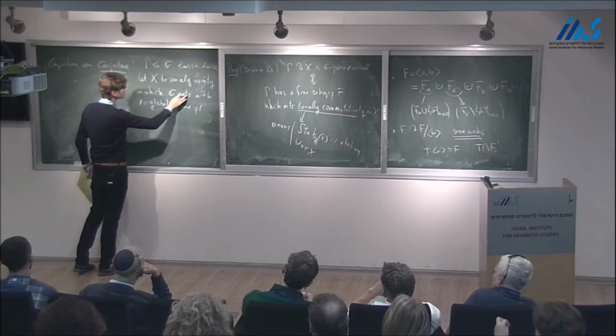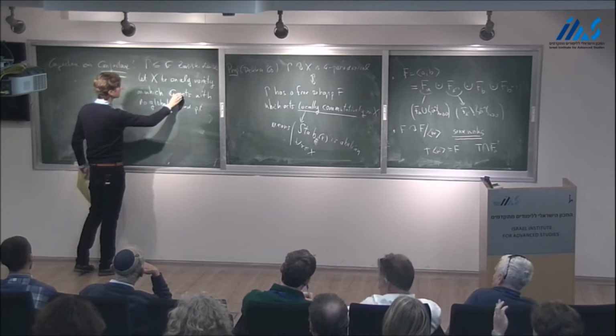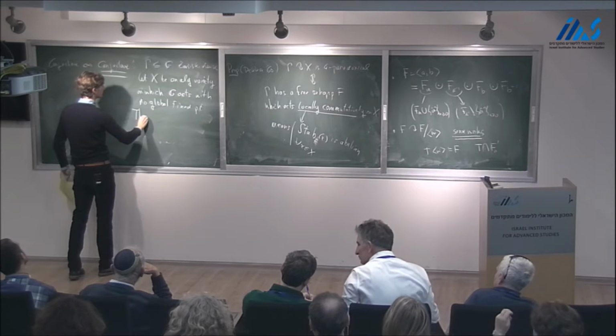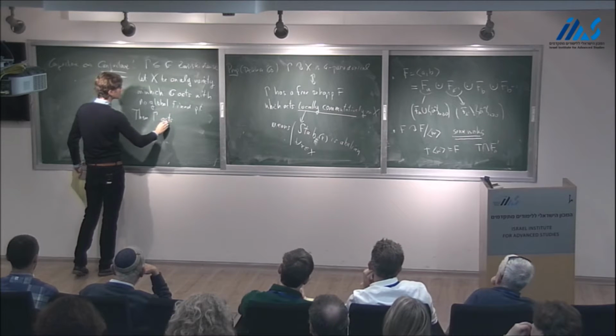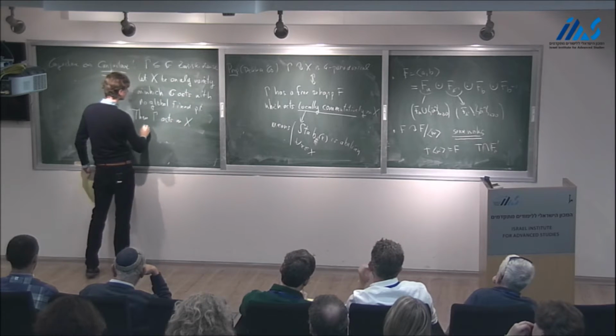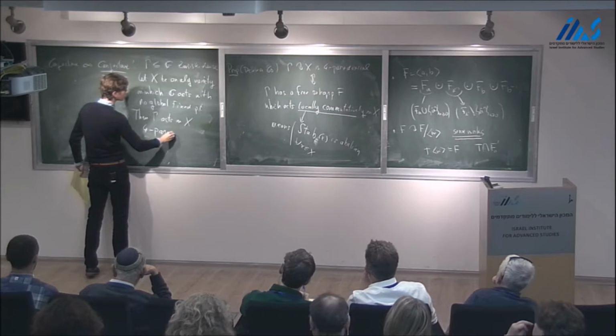Then gamma acting on X is 4 paradoxical.